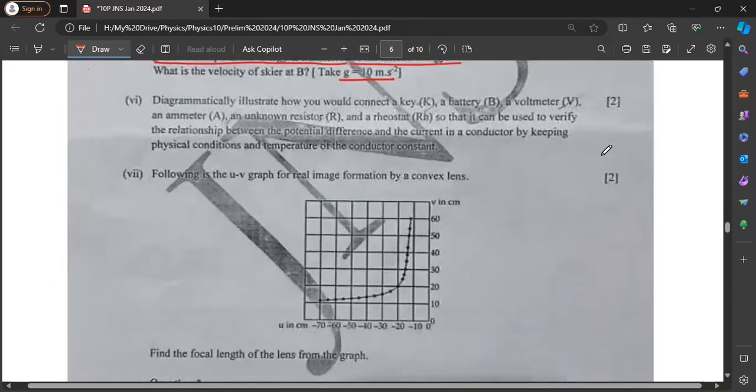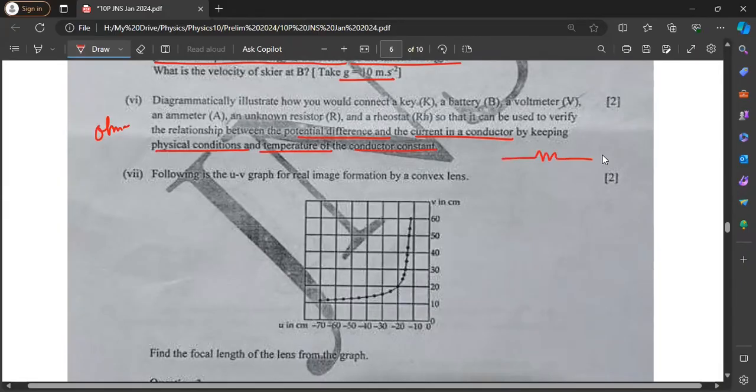Now diagrammatically illustrate how you would connect K. So this is an Ohm's law circuit. Instead of directly asking for Ohm's law, they have asked all this. They have said that the potential difference and the current relation, keeping the physical condition and temperature of the conductor constant. So that's like a statement of Ohm's law.